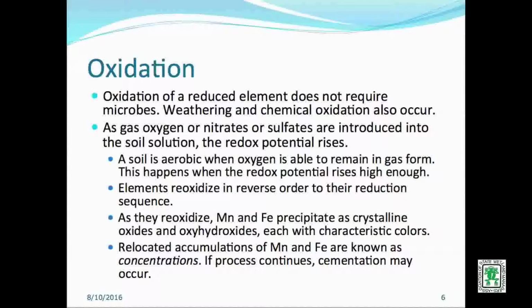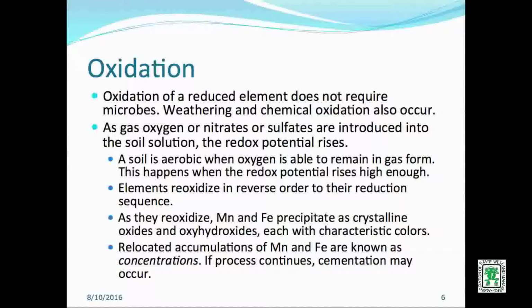Now, oxidation of the reduced element does not require microbes. It can happen in the presence of microbes, but it does not require it. It could be a simple chemical oxidation that occurs upon exposure to gaseous oxygen, and it can also take place as part of the weathering processes that are naturally occurring as bedrock and other minerals weather in the soil.